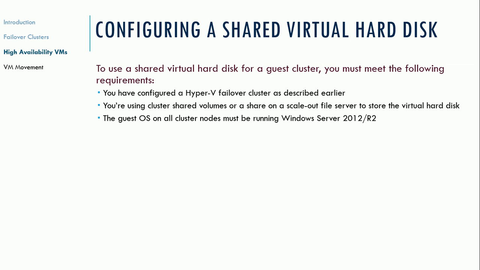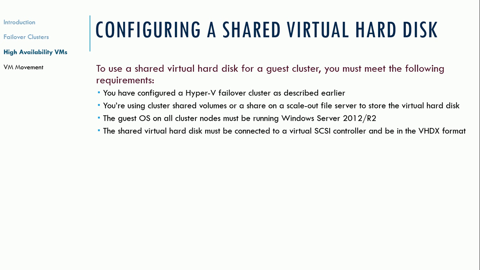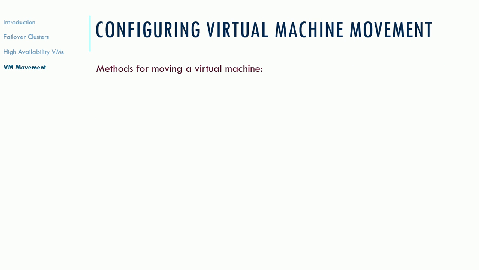The guest operating system on all clustered nodes must be running 2012 R2 or newer, and the shared virtual disk must be connected to a virtual SCSI controller and be in the VHDX format. We haven't talked about Hyper-V too much in this course, but in the previous course we discussed Hyper-V, so most of you should be familiar with what the VHDX format is. It's just a format for a virtual machine disk.